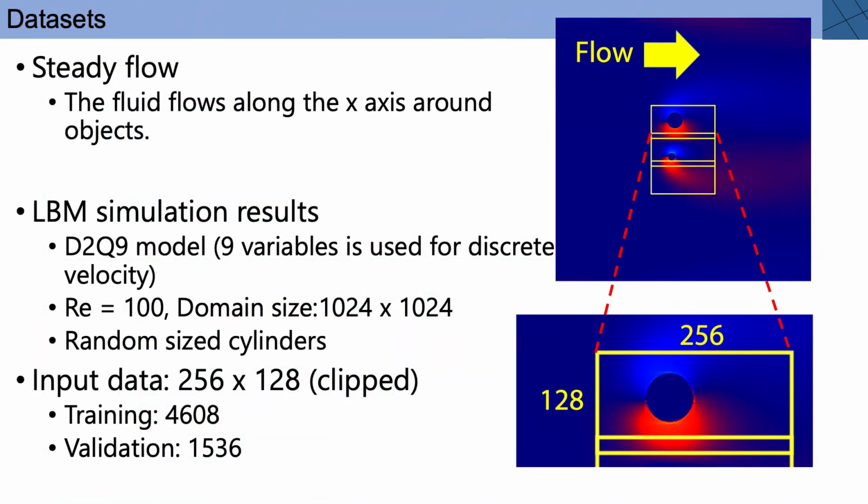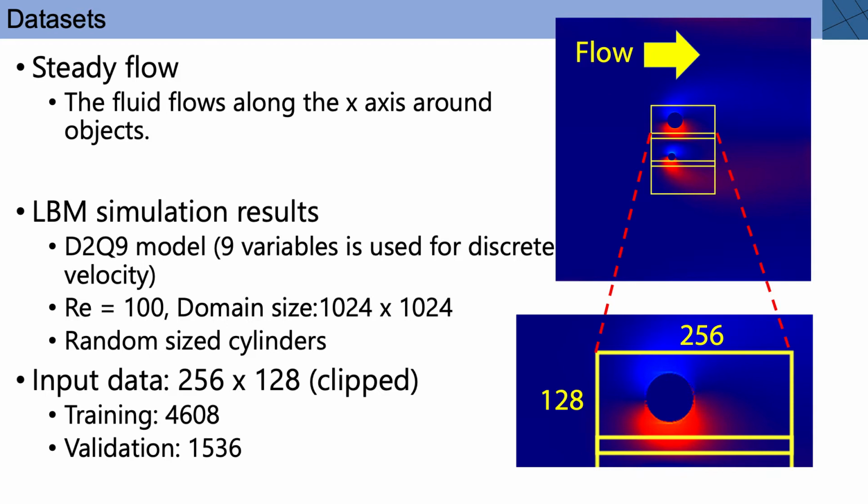In order to make the training datasets, we perform LBM simulations using the D2Q9 model with a Reynolds number of 100 on a grid of 1000 times 1000. The fluid flows along the x-axis. We placed random-sized cylinders at random locations.